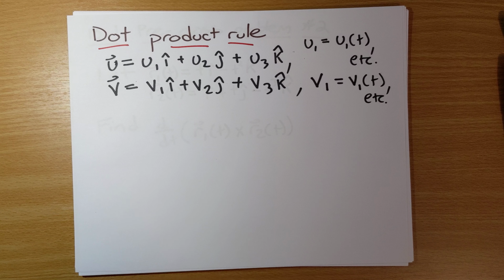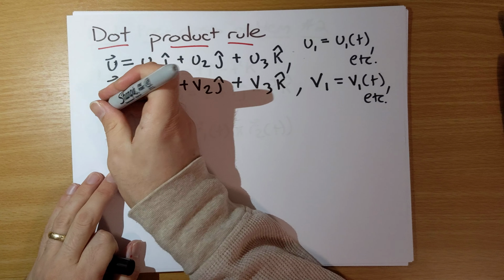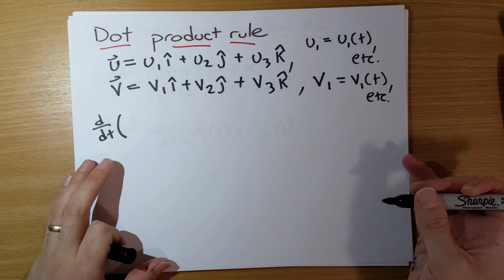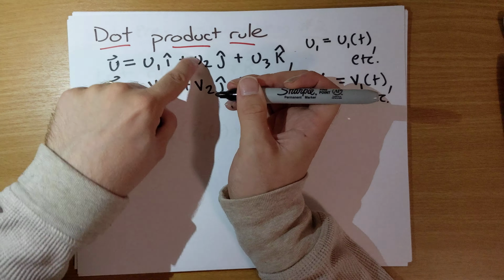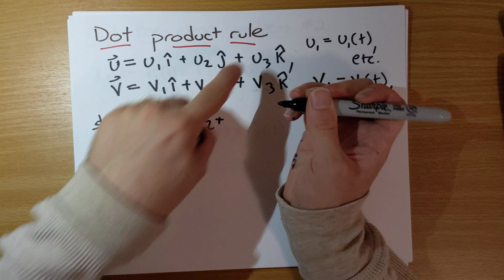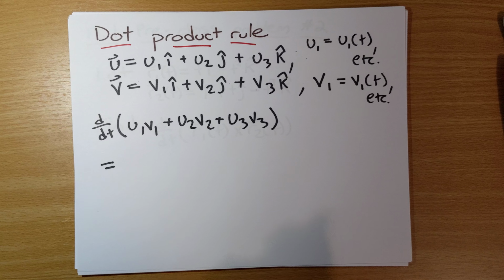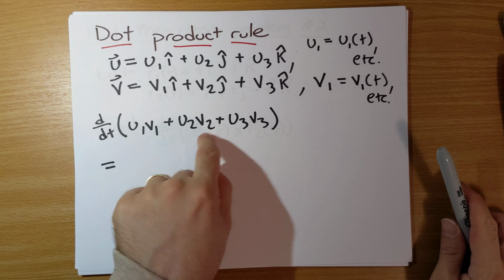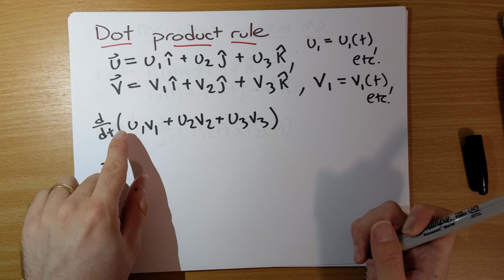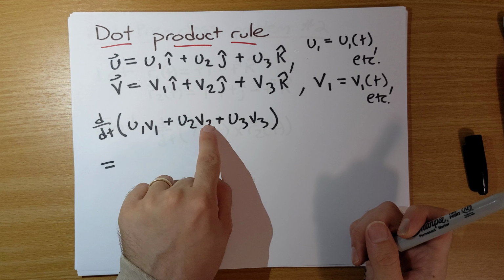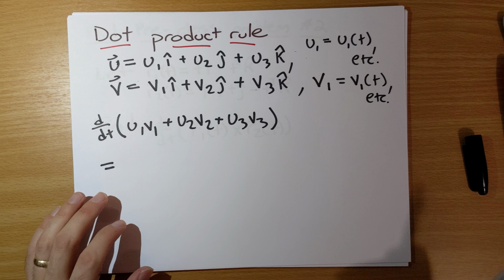So when you want to take the derivative of u dot v, well, u dot v is u1 v1 plus u2 v2 plus u3 v3. And so when we take the derivative, we're going to use the product rule 3 separate times here. These are all functions of t.